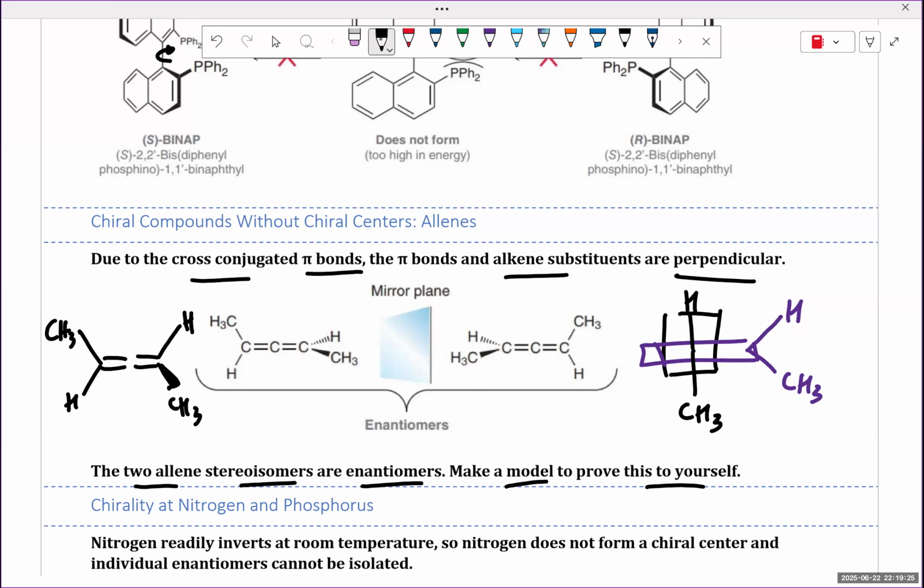So allenes are one example of chiral compounds without chiral centers. The substituents on the leftmost carbon and the substituents on the rightmost carbon are perpendicular to one another. The two substituents are exactly perpendicular, and as a result, depending on the relative arrangement and position of substituents, these two molecules, even though they look very similar, have different three-dimensional shapes and represent non-superimposable mirror images.